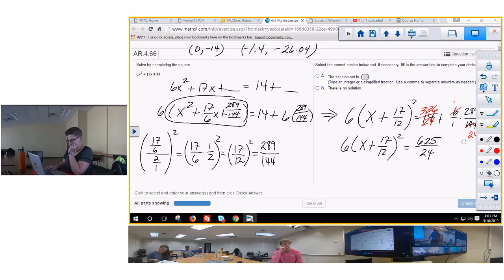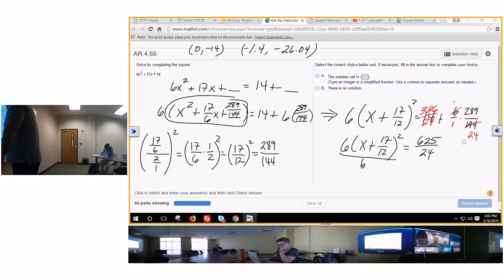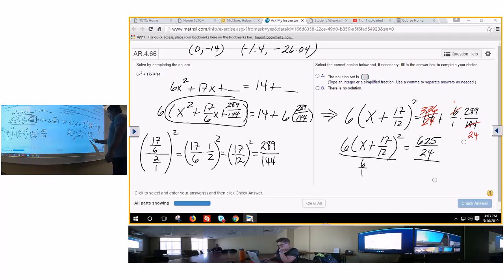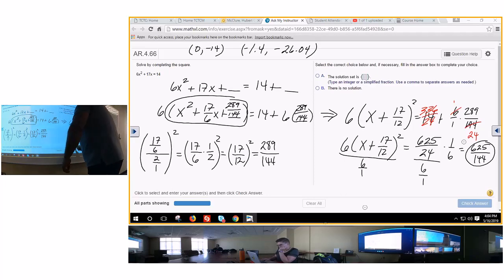So I'm going to divide by 6 over 1. If I divide by 6 over 1, I multiply by 1 over 6, which will give us that magical 625 over 144. And why is that magical? Because it's a perfect square. So x plus 17 twelfths, squared, is equal to 625 over 144.